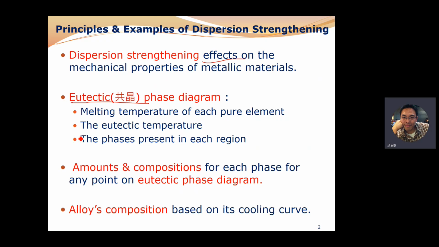We also have to know the amounts and the composition of each phase for any point on the eutectic phase diagram. And what is the alloy's composition based on its cooling curve?